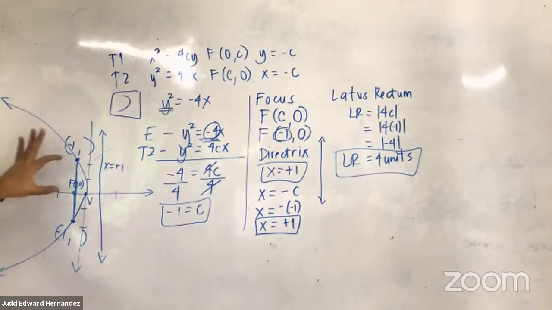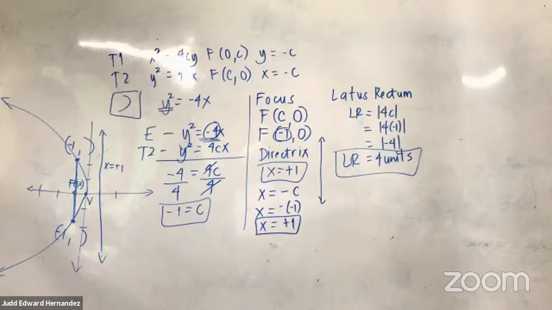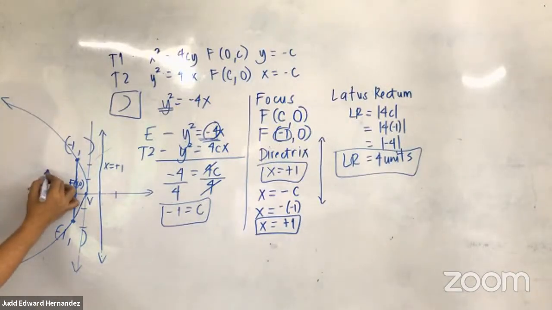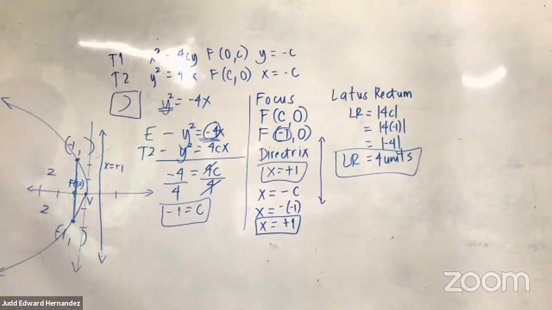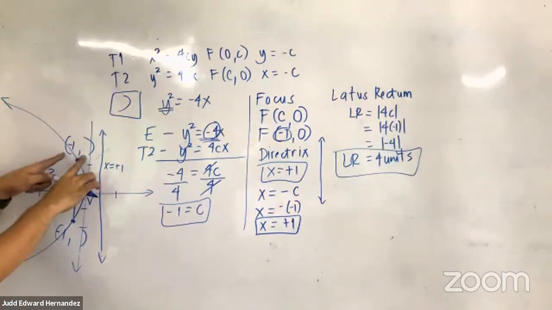But now our y will change because the endpoint will go up. How long is the length of our latus rectum? 4 units. So this is 2. This is also 2. Negative. Negative 1, positive 2. Okay. And what is the other point?